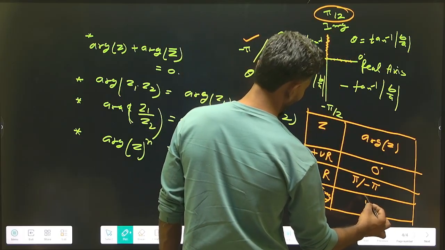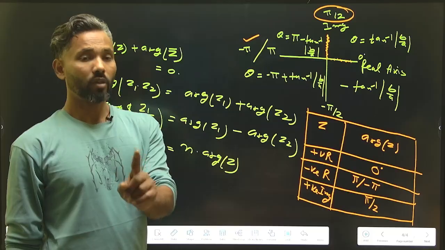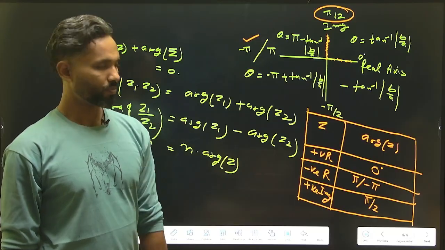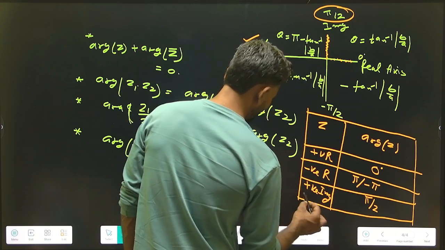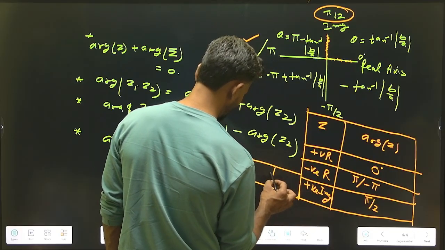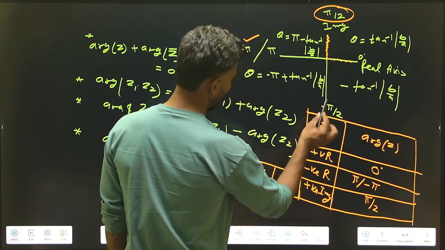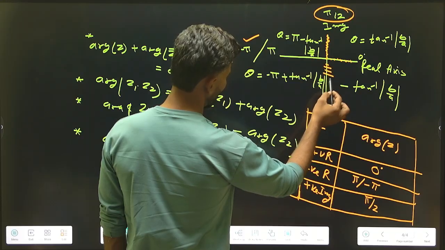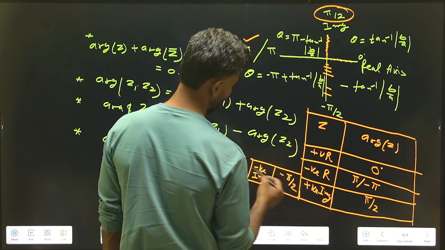So if any complex number is purely imaginary and positive, then the argument will be pi by 2. In the same way, if a complex number is negative imaginary, it will be represented on this line, and you can see the angle over here, so it will be minus pi by 2.